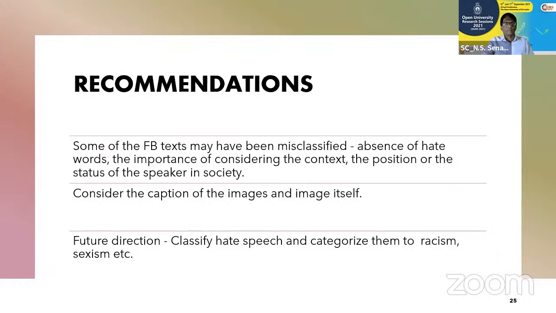This study is a part of a larger research, and future work will be a comprehensive analysis of hate speech detection in social media platforms to minimize the consequences that occur from hate speech online. As a future direction, it is important to classify hate speech such as racism and sexism, and minimize their use on social media platforms in the Sri Lankan context.